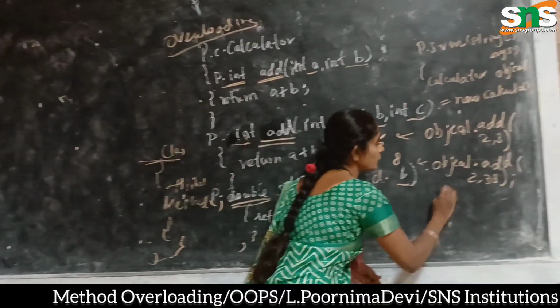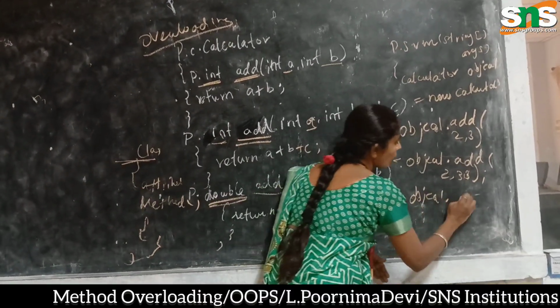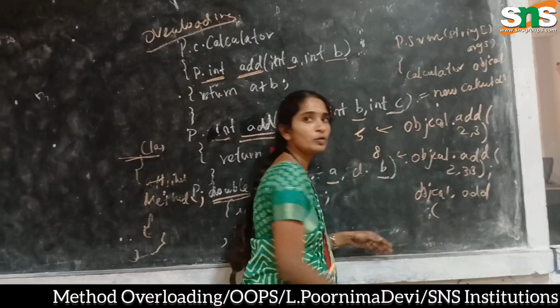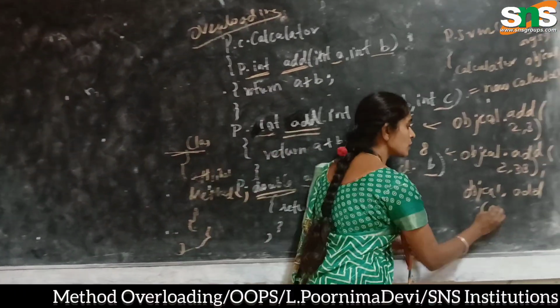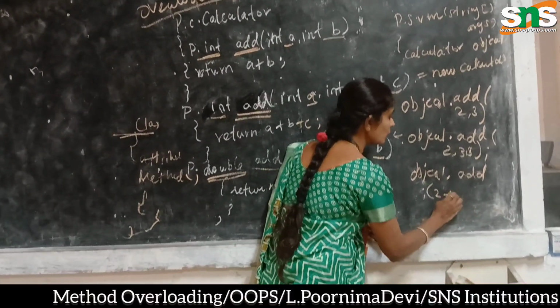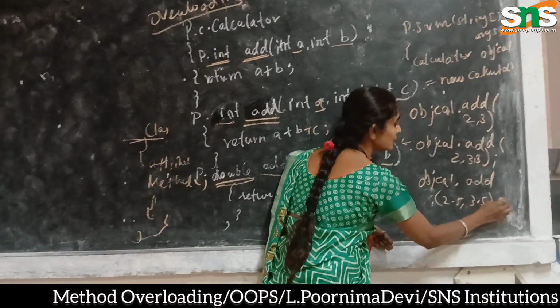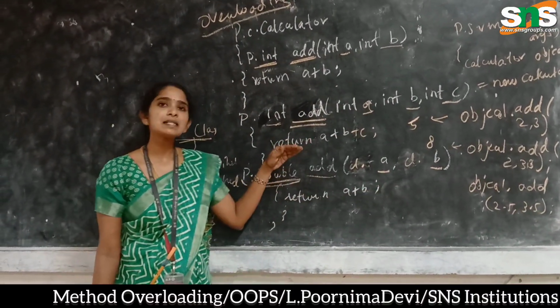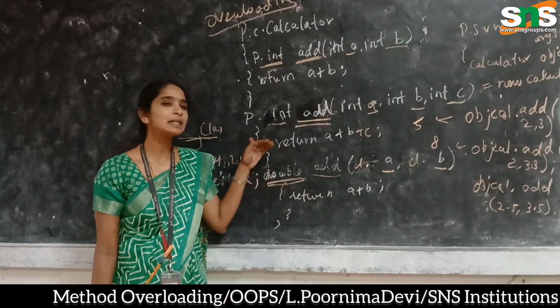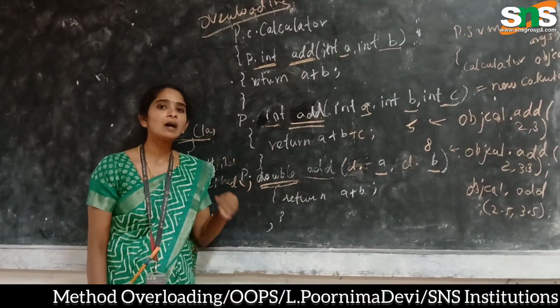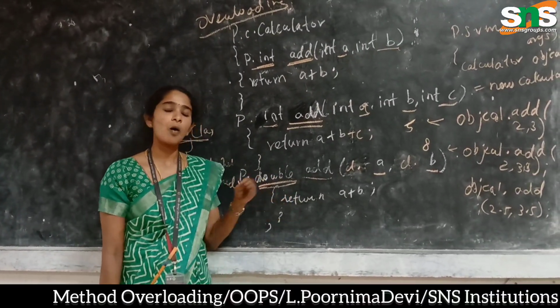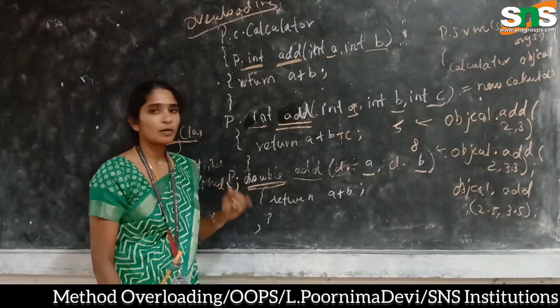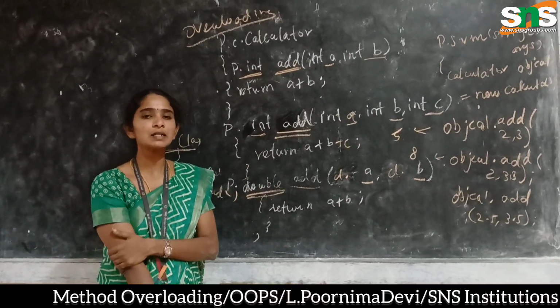Next, we use cal dot add with double values: 3.5 comma 2.5 comma 3.5. This is the next method that is called. So this is method overloading. The method name can be the same, but we give different parameters or different data types.